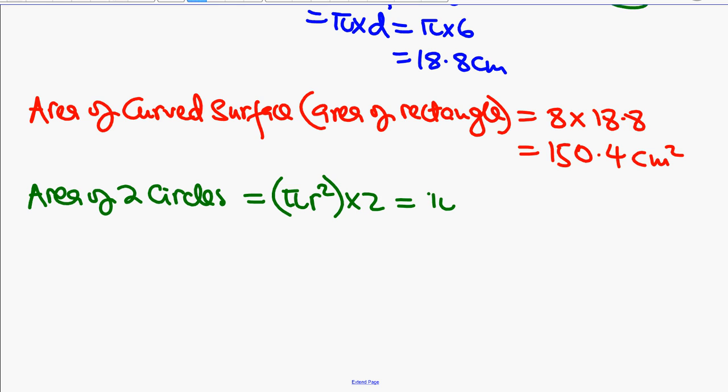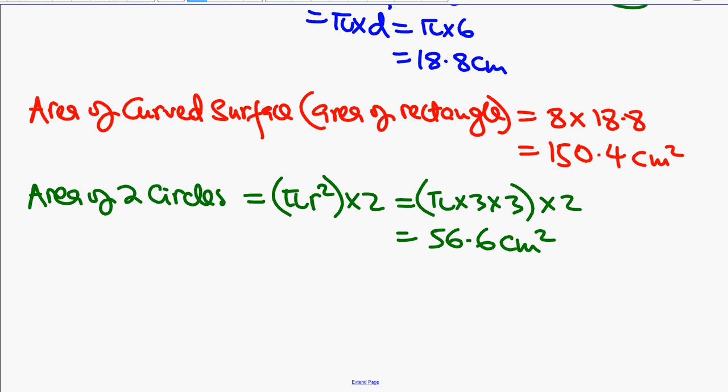So that will be pi multiplied by 3 multiplied by 3, and whatever we get multiplied by 2, which will be equal to 56.6 centimeters squared.